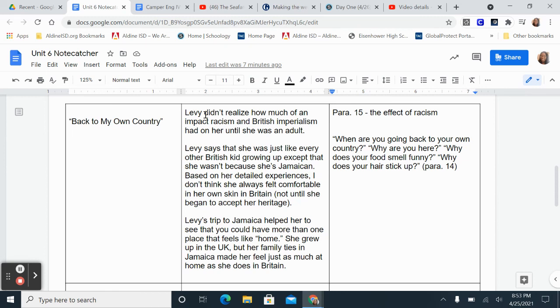So I have my insight here where I am talking about how Levy, the author, didn't realize how much racism impacted her until she was an adult. I also mentioned that in the essay, she says that she was like every other British kid growing up, but she wasn't because she is Jamaican. And that seemed to come up a lot when she was dealing with people.